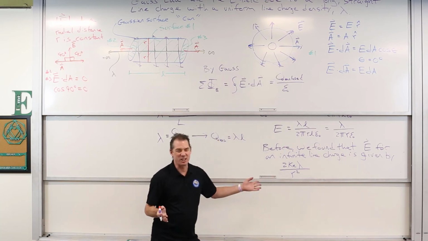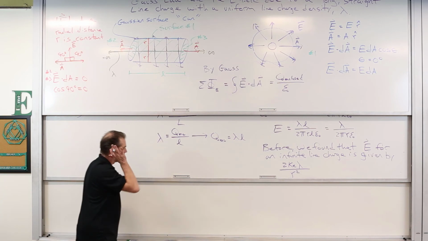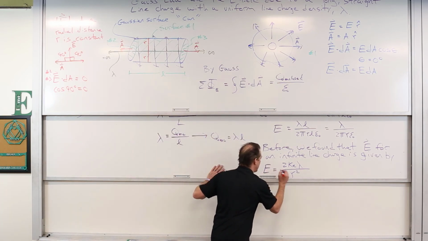We may have written a instead of r. a is just the distance away, r is the distance away. I prefer r, but it doesn't really matter. So this is what we had, and this again was a magnitude.